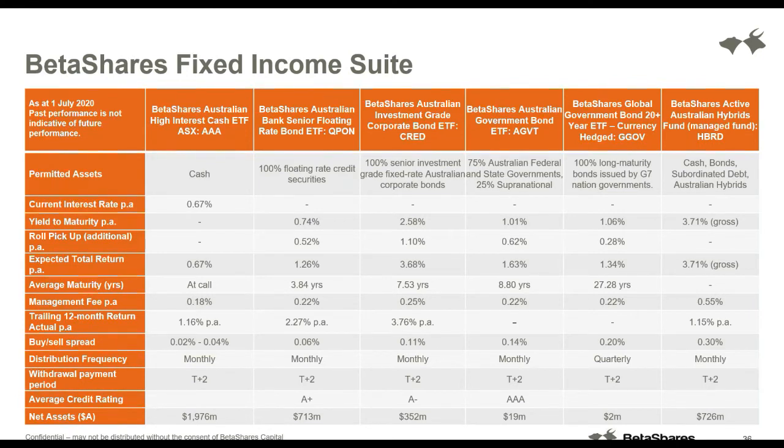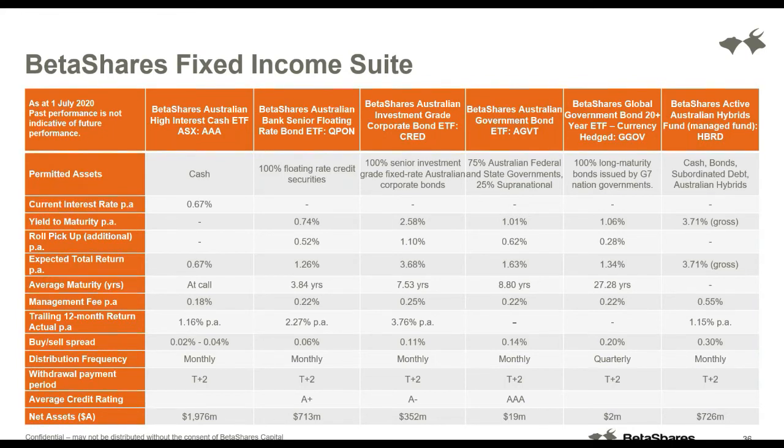That expected total return is what we are physically distributing now, and in all cases, on a monthly basis as a monthly distribution. You can see the term structures in terms of duration, what the fees are, and at the bottom there, we've got the credit ratings and the net assets. So we update this on a regular basis, and if any of you would like this sheet sent to you, we're happy to do that also.